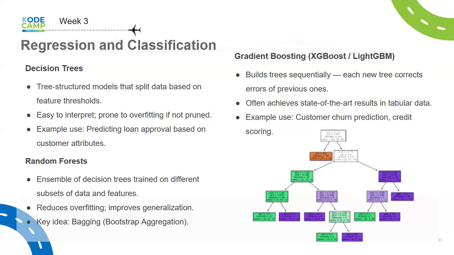So that's how you build the random forest, and that's what ensures that you get very good accuracy, improves generalization, reduces overfitting, and so on. And random forests have been shown with gradient boosting to achieve very good results, state-of-the-art results, right?